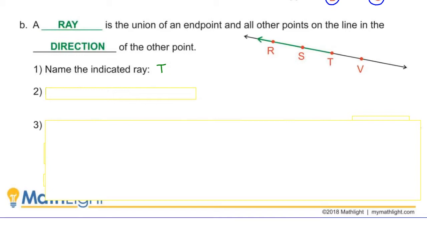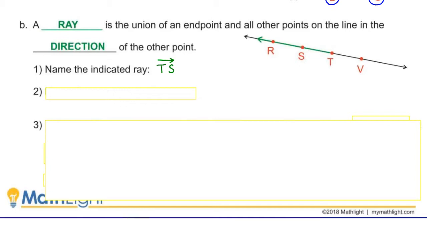Most would say point S. Now we need the ray symbol. The ray symbol is a line with an arrow on one end, exactly what a ray is. It has an endpoint and then it goes forever in a direction. So this ray starts at point T and goes forever in the S direction.